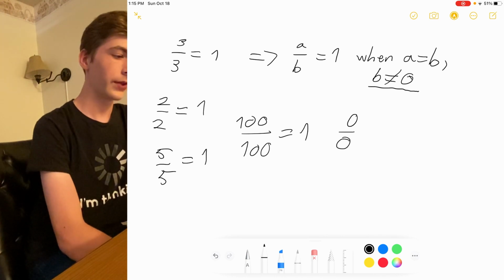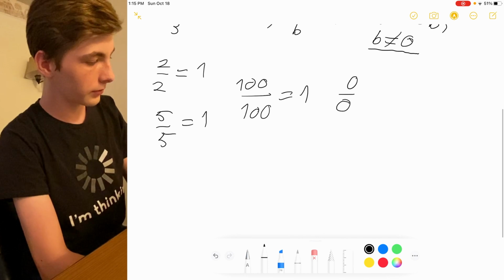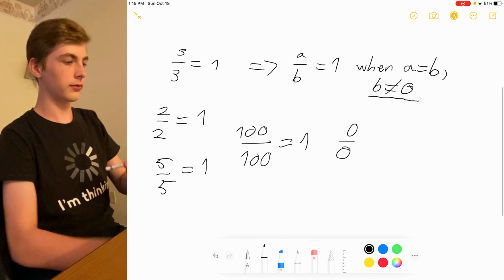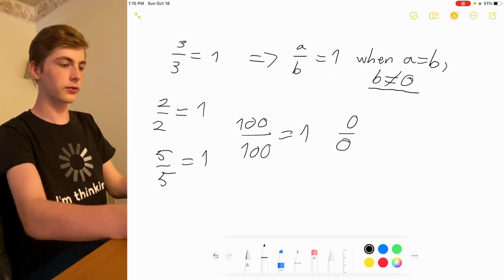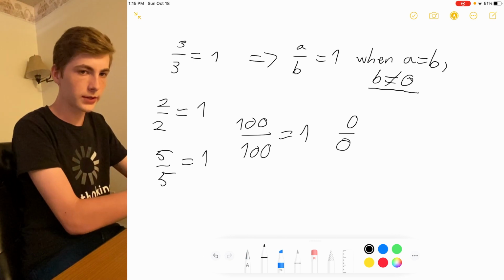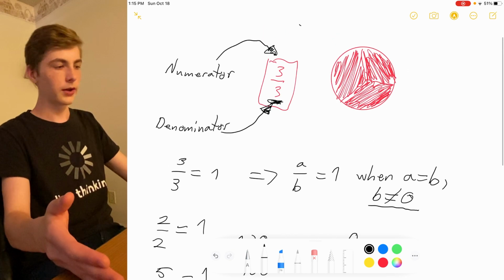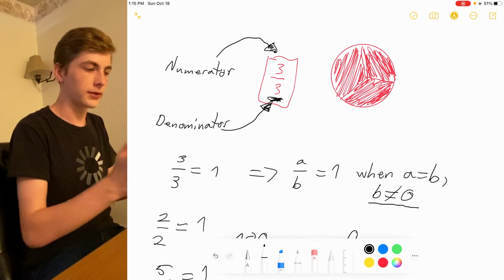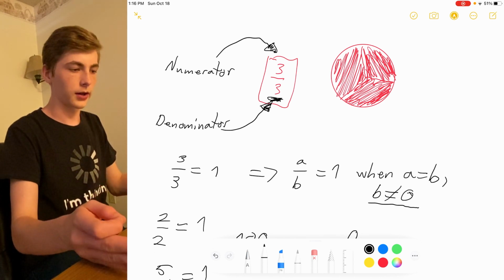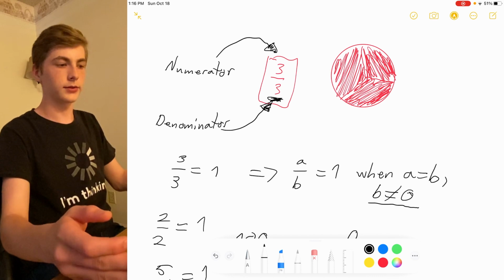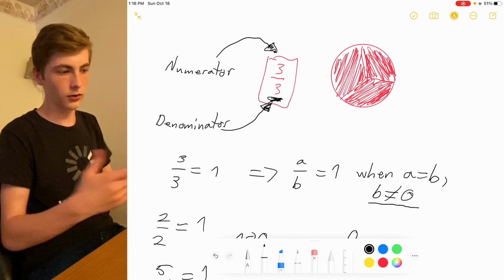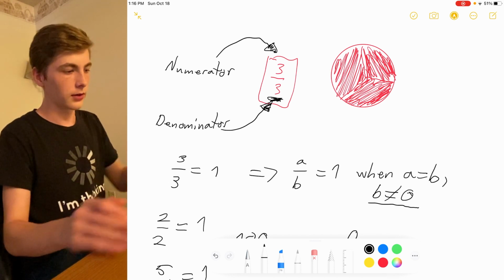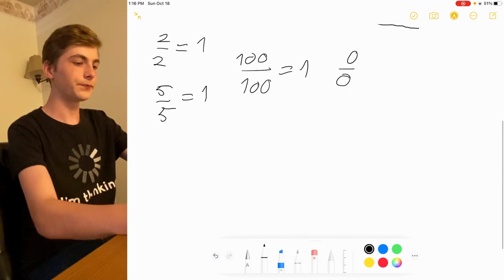That's a very important thing to remember with fractions. If the same number is on the top and bottom, it's always going to equal 1. Why? Because you're filling in all the sections you've created. You have the same amount of sections filled as you have sections. All of the sections are filled because the numerator is equal to the denominator.